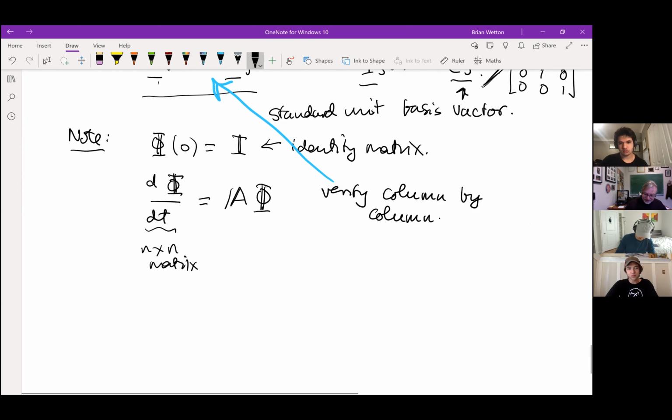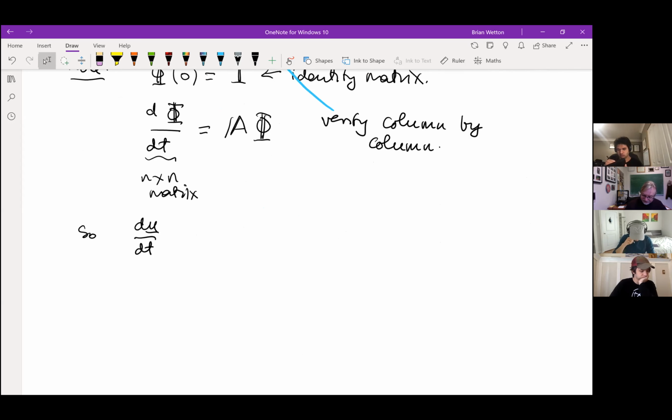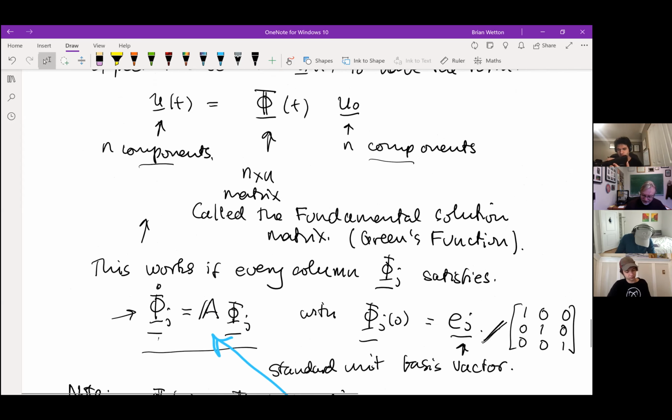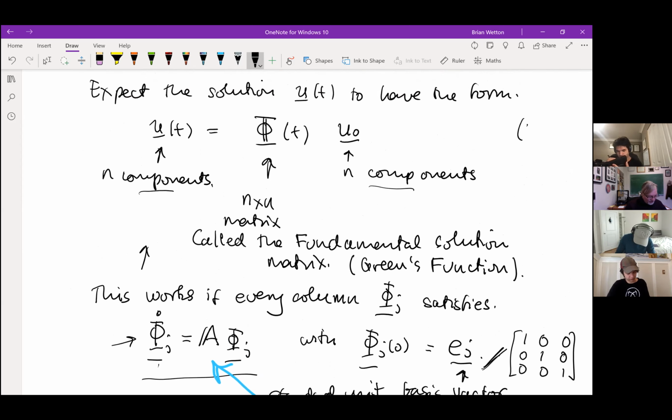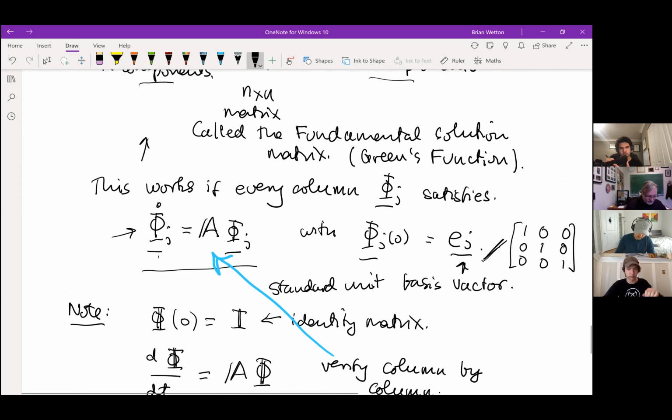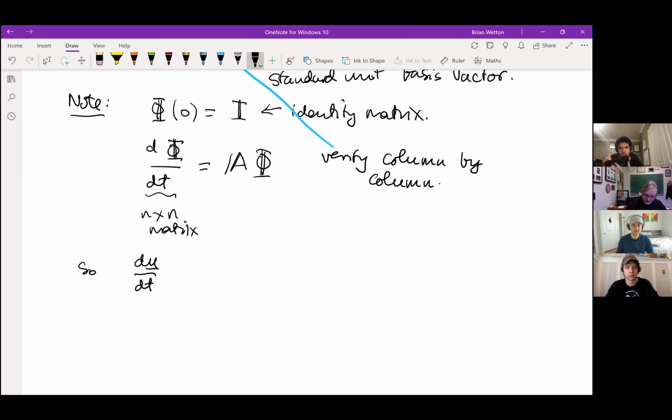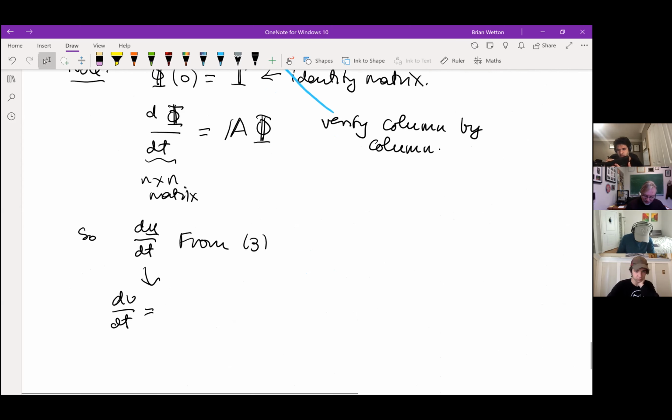So now I want to use those properties to show that what I wrote down really is the solution. If I take du by dt, this is going to be the time derivative of this matrix times the initial conditions.